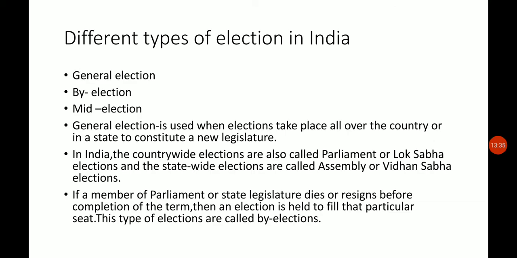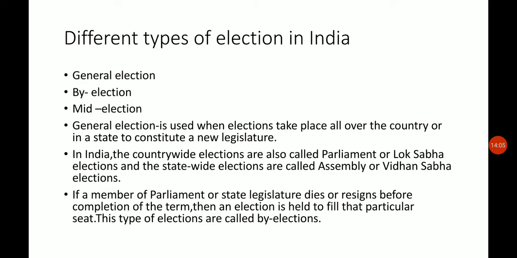And what happens if a member of Parliament or of the state legislature dies or resigns before the completion of the term? That means if the governing party has 5 years, and in the 3rd year someone resigns or dies, then there is another election, which is called a by-election.